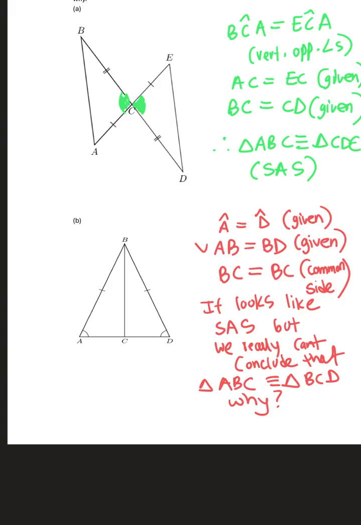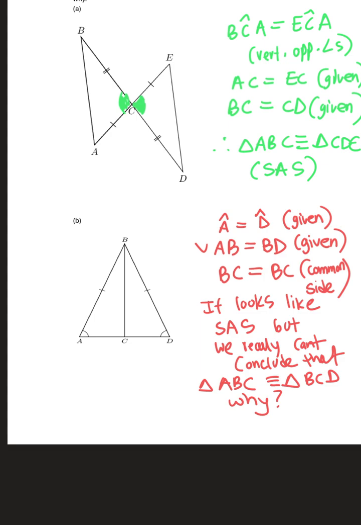So since the sides do not include a known angle, and the sides that we are referring to here are basically side AB and side BD and side AC and side CD, right?